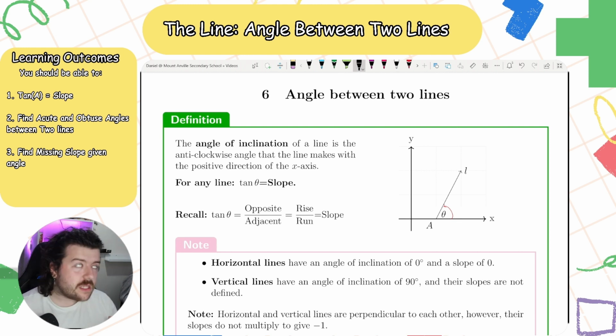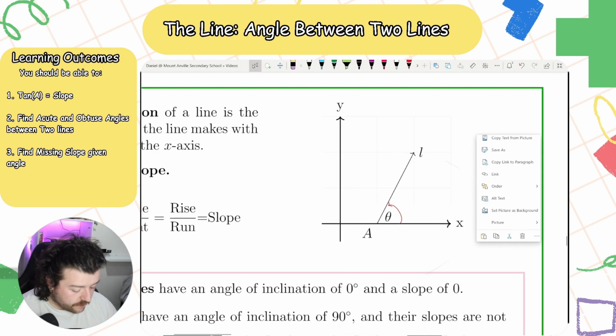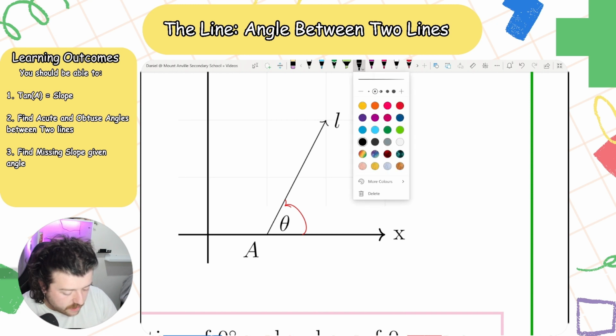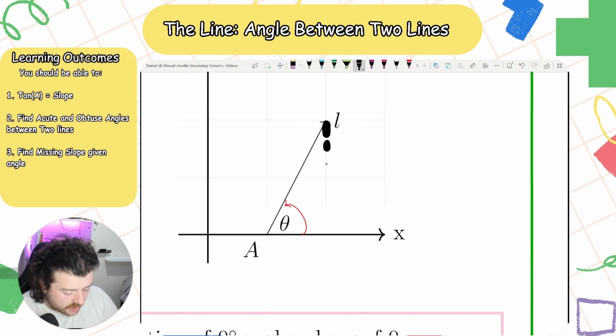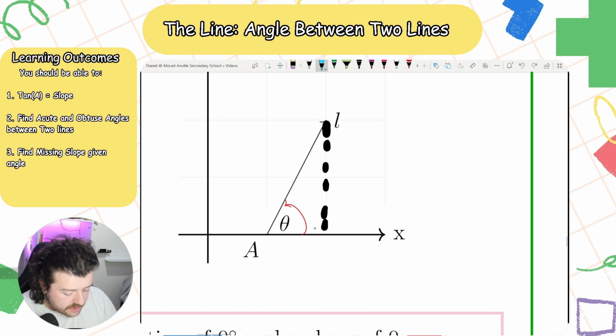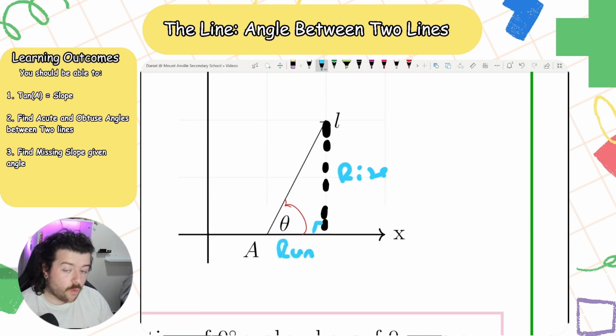So what does this mean? What can we use this for? We can look at the relationship of tan of this angle with its slope. If I made this a right angle triangle, so I brought down this line here, this would be my rise, and this horizontal distance would be my run.